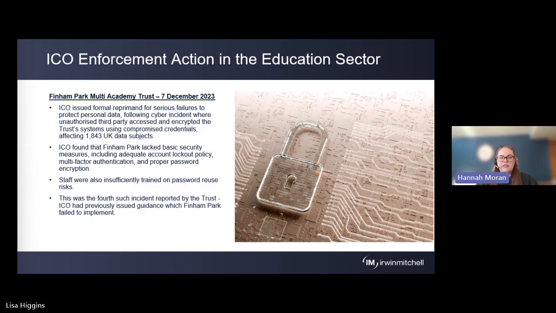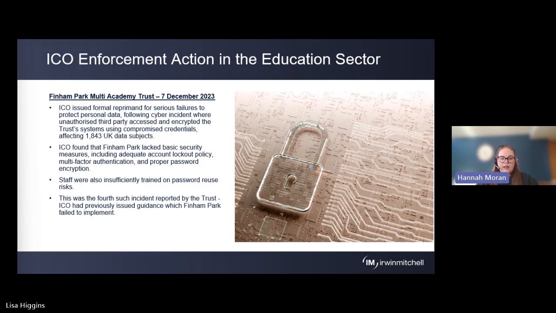In that, an unauthorised third party accessed and encrypted the trust systems using compromised credentials, and that affected nearly 2,000 data subjects. So a reprimand is essentially a formal warning to organisations where there's been a breach of data protection law.